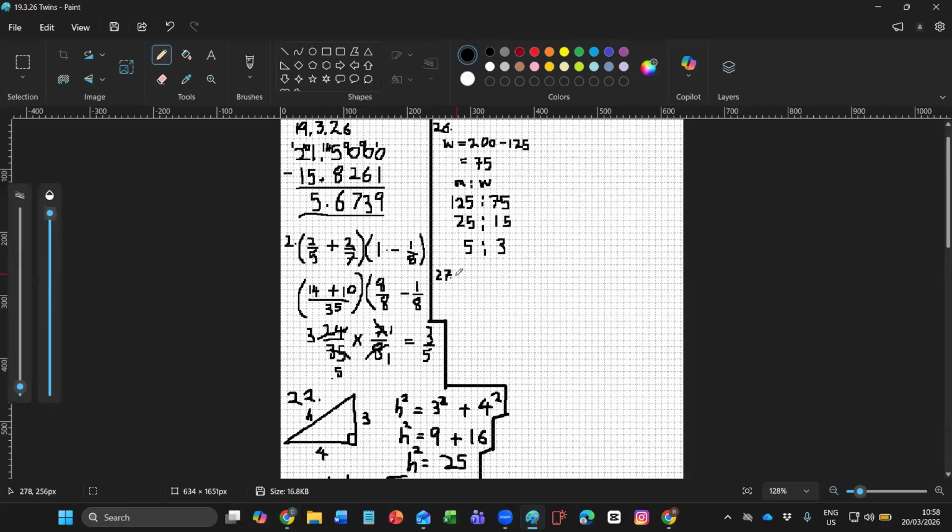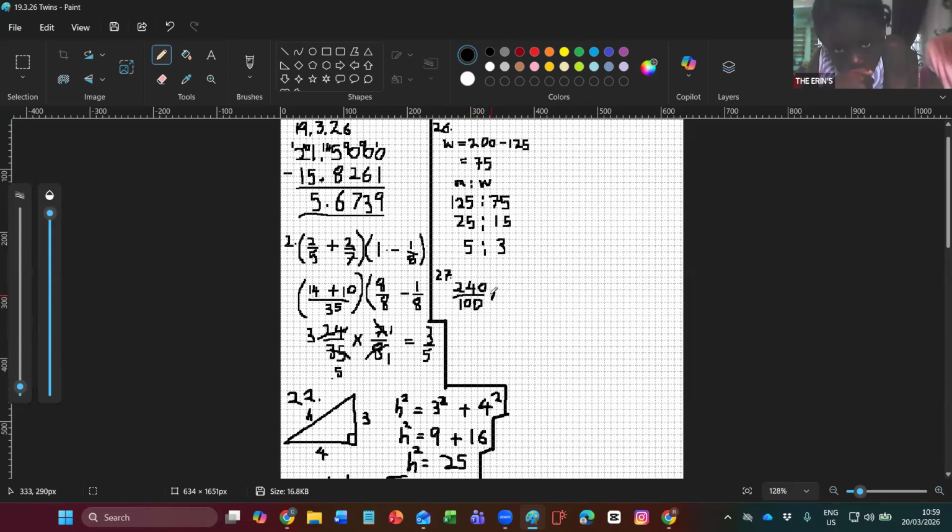So let's go. 240 over 100. Always remember percentage is over 100, whether it is more than 100 or not, it doesn't matter. Still the same thing. 240 over 100 times 50 over 1.